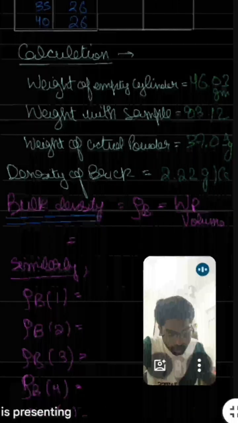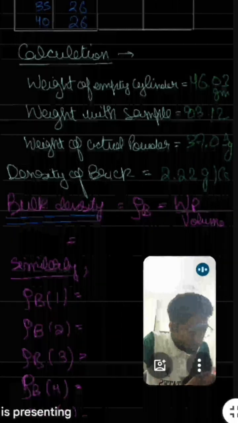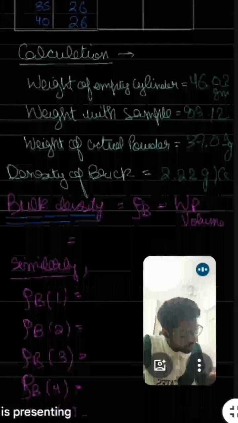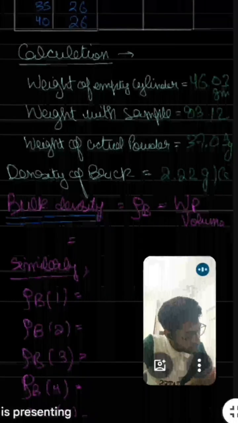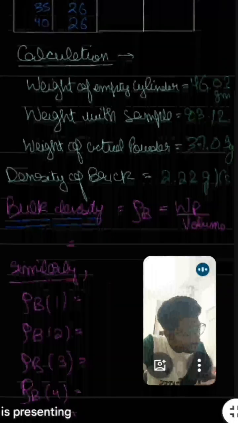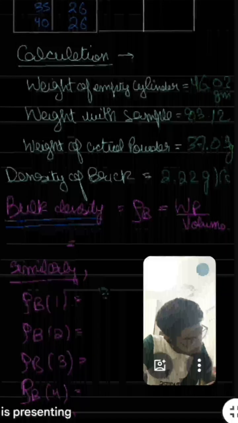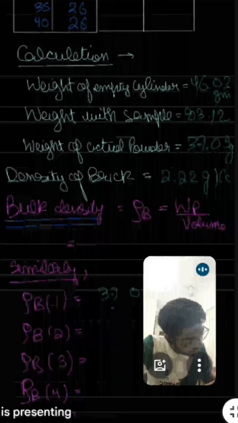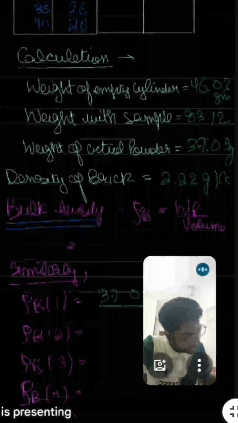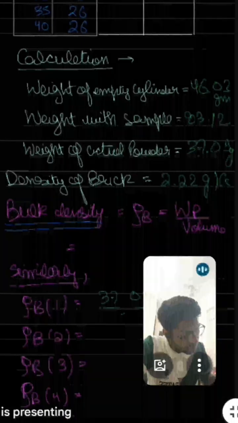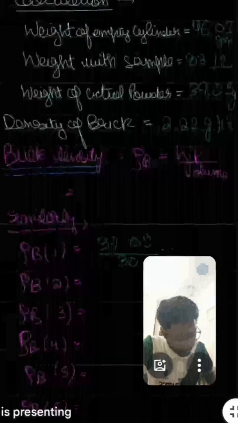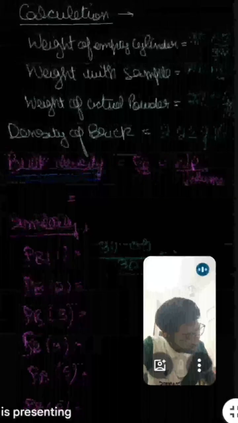So we will find out the bulk density of the first sample: the weight is 37.09 divided by the volume, that is 30. So it comes out to be 1.236.